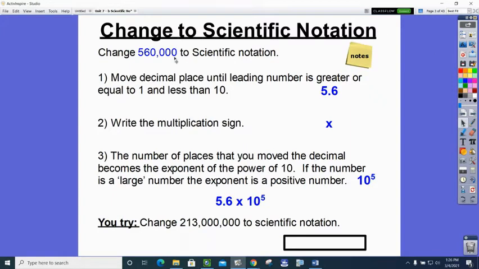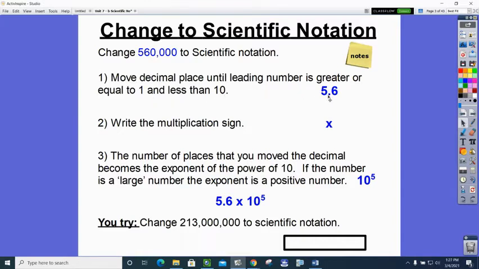I'm going to start by taking the number 560,000, which is written in what is called standard notation. That's what we're used to writing. I'm going to convert it to scientific notation. By definition, scientific notation has three parts. It has a number in front that has to be greater than or equal to 1 and strictly less than 10.